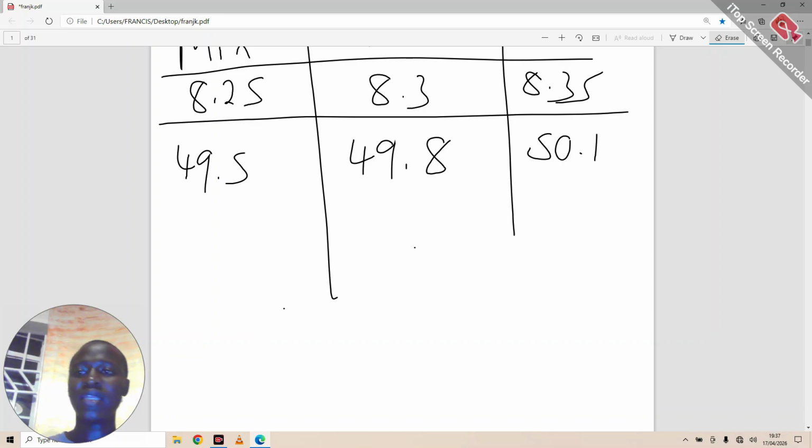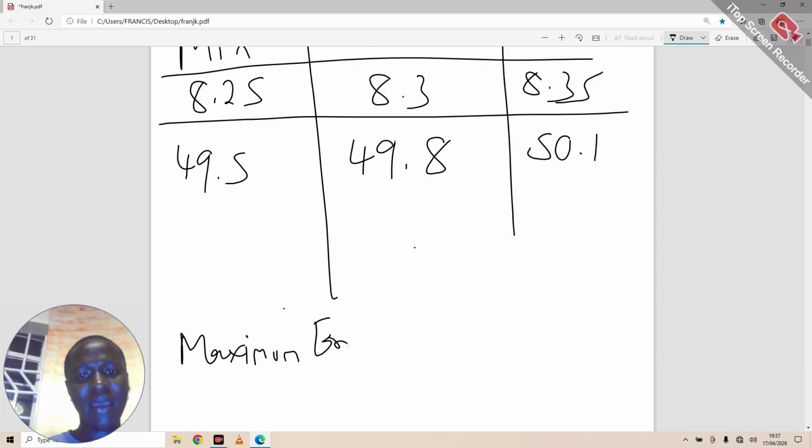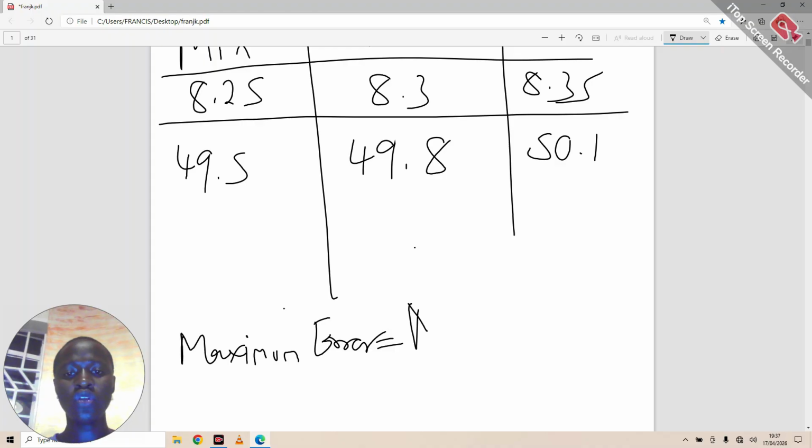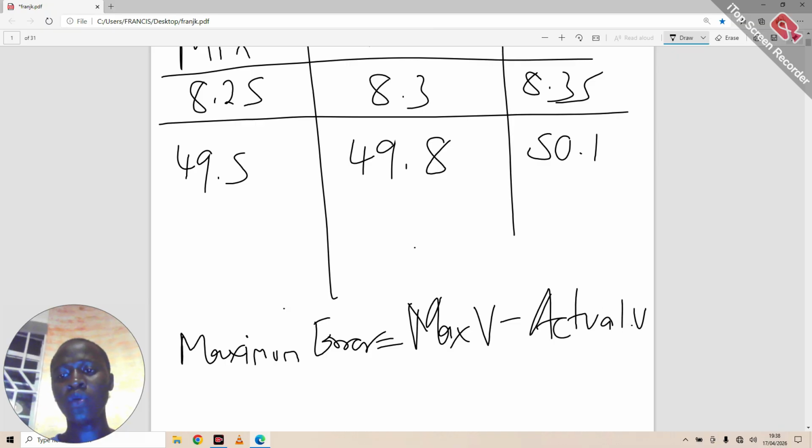Remember, maximum error is given by the greatest value minus the actual value.